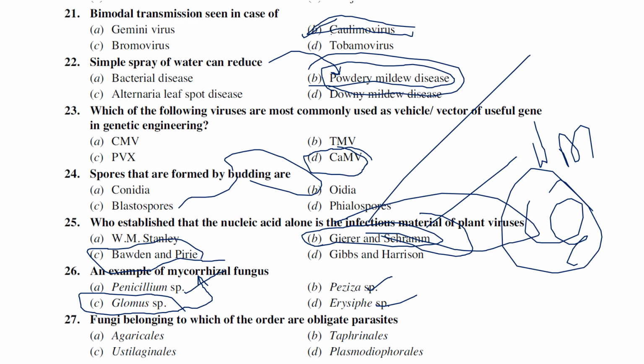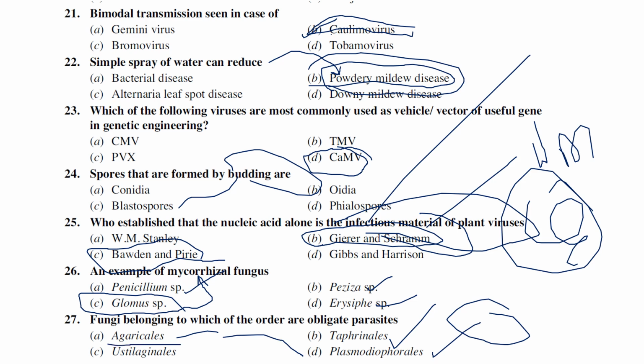Okay. Fungi belonging to which order are obligate parasites? First of all, we must understand what an obligate parasite is. They strictly require a living host for their survival. Agaricales, mushrooms; Taphrinales, peach leaf curl; Plasmodiophorales, like clubroot of cabbage. So they are not all strictly obligate parasites.